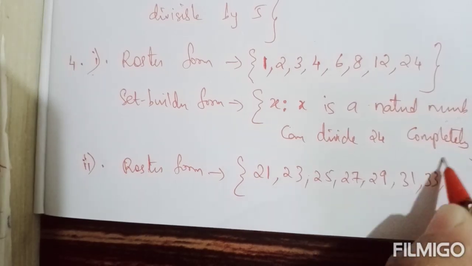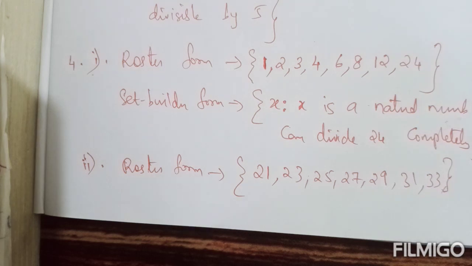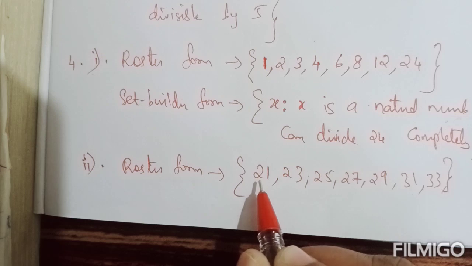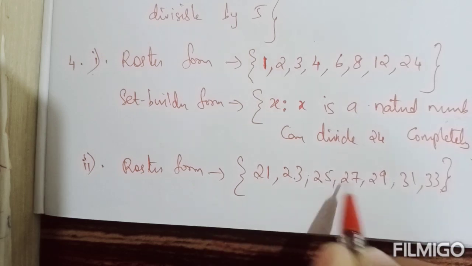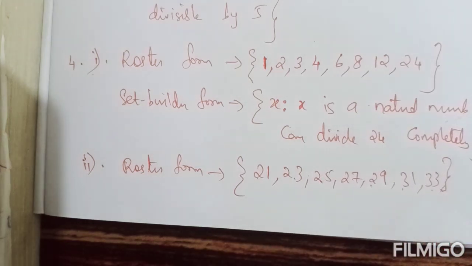Between 20 and 35, so 35 we no need to include. So the numbers will be 21, 23, 25, 27, 29, 31, 33.